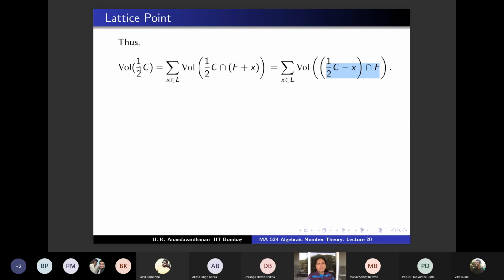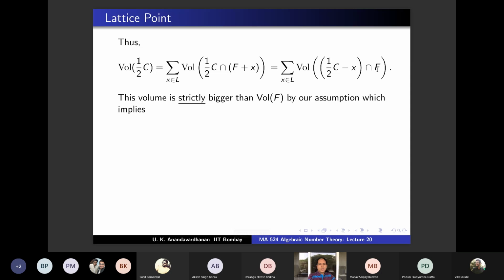But the condition that is given to you is that this is strictly bigger than volume of F. Therefore, you conclude that these sets are not disjoint as X varies. So since the volume is strictly bigger by our assumption, you get that half C minus X intersection F.